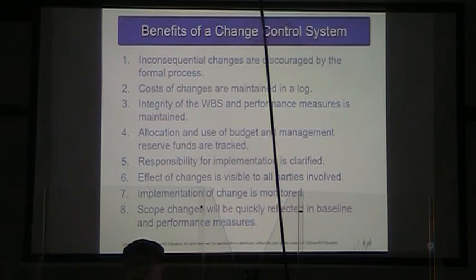We need the allocation and our budget and management reserve funds. When we spend those, we've got to track that. If you get to the end and you can't say where the money was spent, prepare yourself for an audit or even possibly being fired.